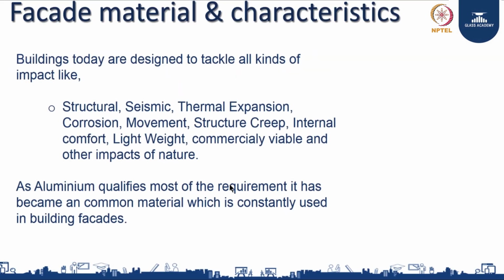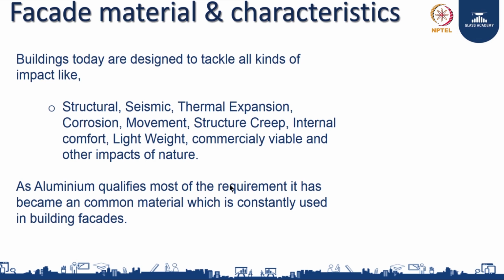Today buildings are designed to tackle, as we saw before, all this movement, impacts of nature, being commercially viable, and thermal expansions. Aluminum qualifies for all this. Any other metal you use will become expensive and not malleable. It is very hard to work with them.